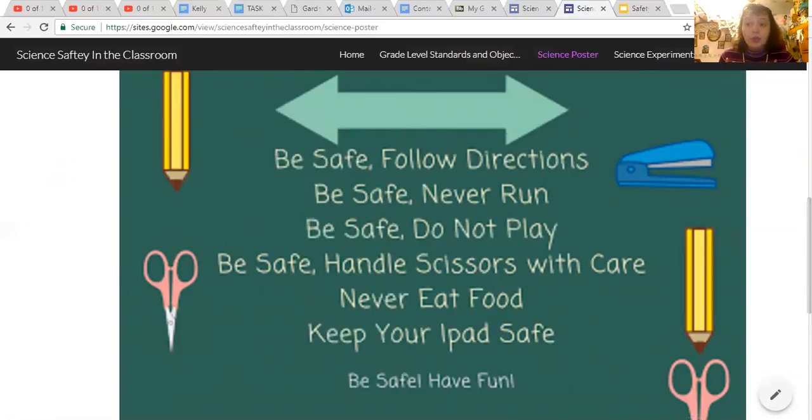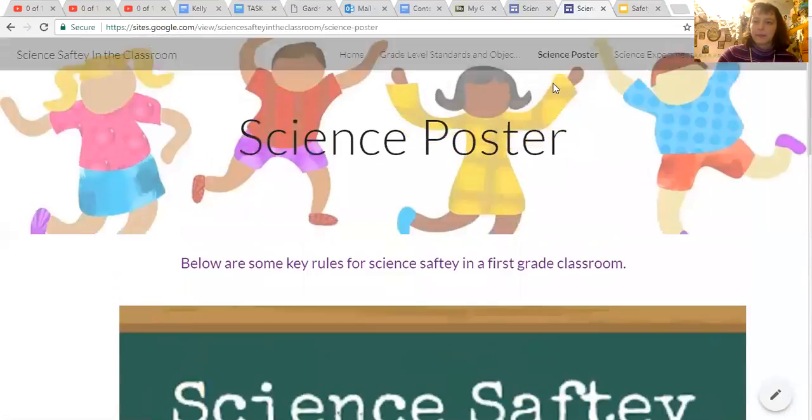Do not play whenever you are working in the classroom, whenever you are working with science. If you are playing, you may hurt yourself. For example, be safe. Handle scissors with care, and we will talk about how to handle scissors in a few minutes. Never eat food whenever you are working on a science project or experiment. Keep your iPad safe, and we talked about that.